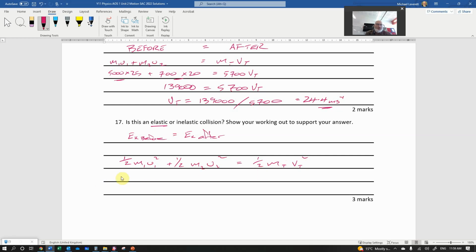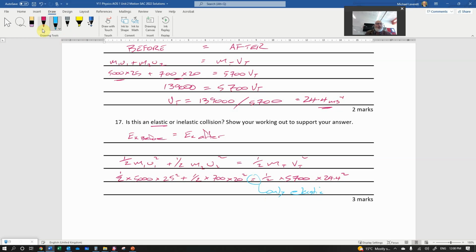So that gives us a half by 5,000 times by 25 squared plus a half times by 700 times by 20 squared. And that should equal a half by 5,700 by 24.4 squared. That's only if it's elastic.